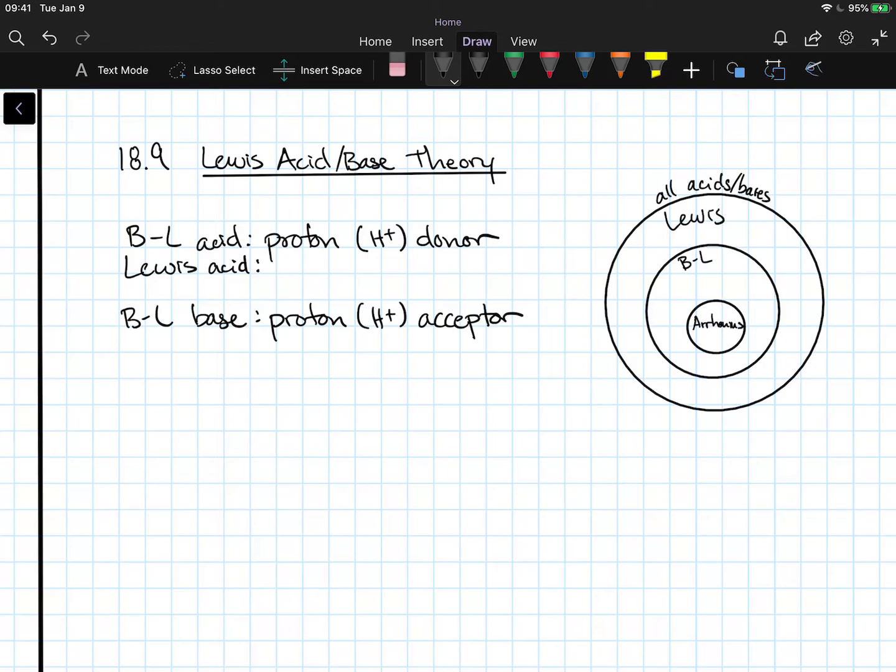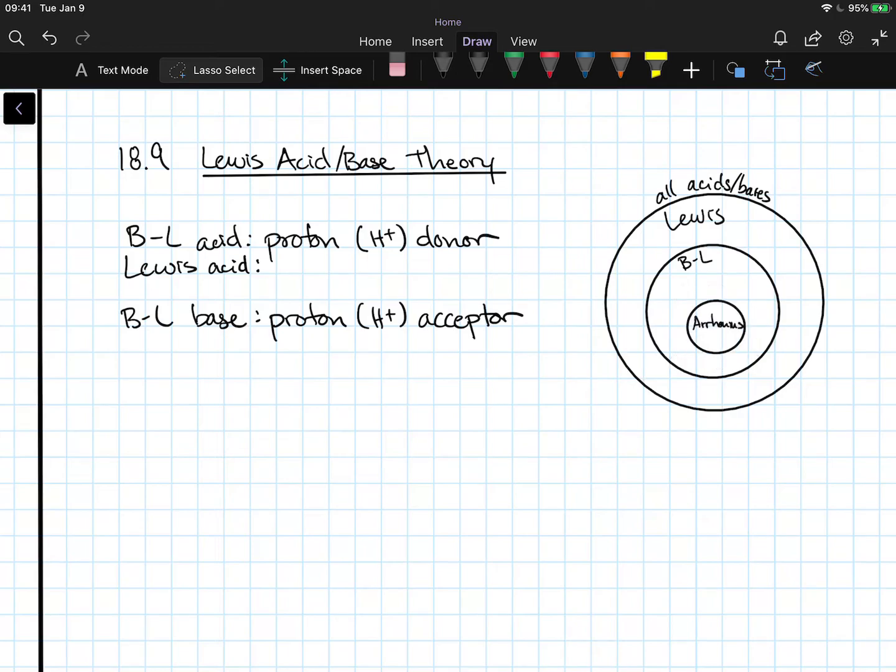We didn't really even talk about Arrhenius acid-base theory because it only covers a very small set of acids and bases, specifically anything that donates a proton or gives up hydroxide in solution. So this is a very limited number of acids and bases.